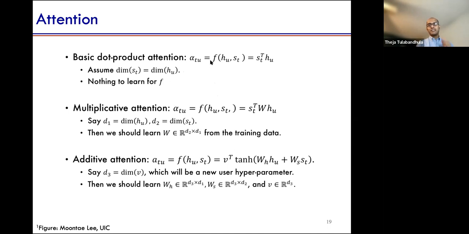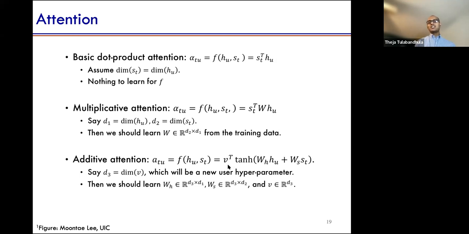Now, what is this function f? The function f could have parameters or be as simple as an inner product between the encoder hidden state and the decoder hidden state, because you just need a number. Instead of an inner product, you can add an extra weight matrix in between, whose parameters you may have to train, or do something a bit more complicated.